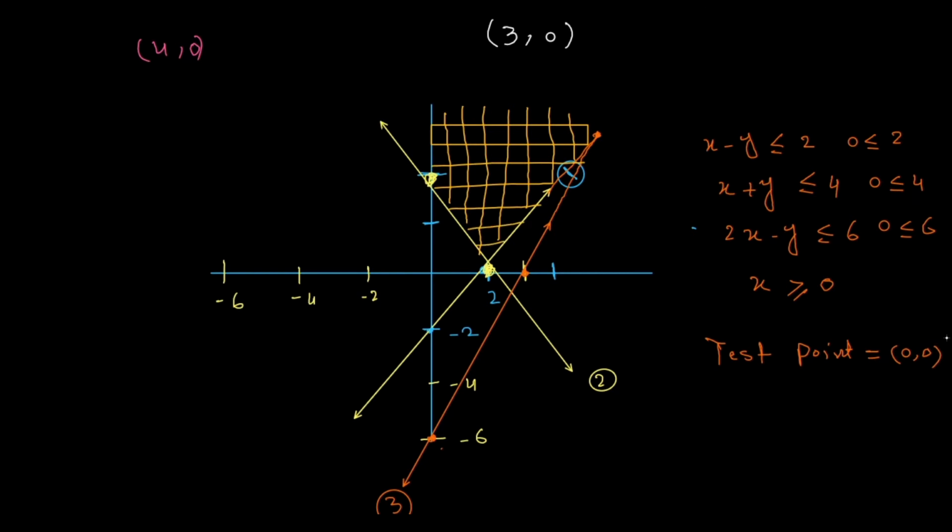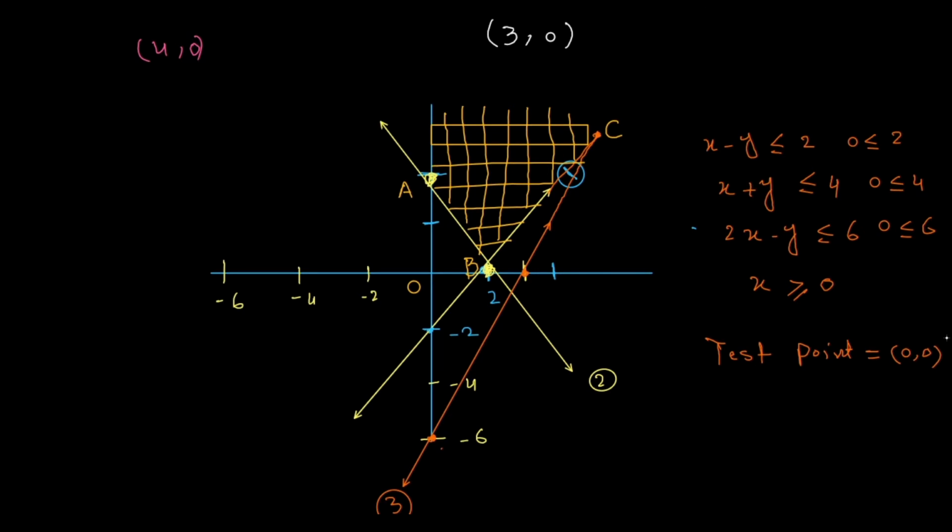Okay, if this region is the common region, then we want to find the corner points. These are the corner points. This is A, and of course this is O, and this point is B, and where this line meets, it is C. So what is point A?